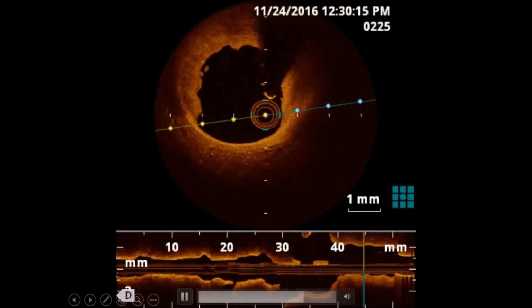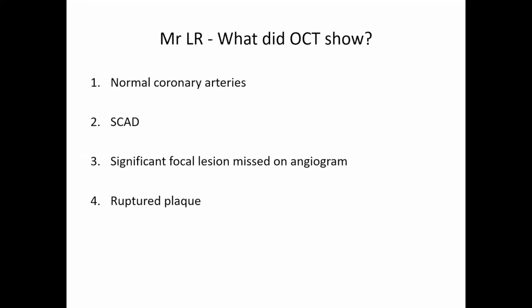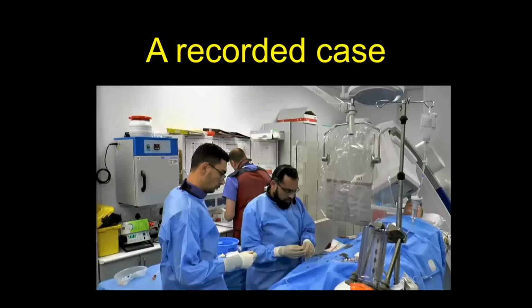Bit unusual. I think it gives us the diagnostic information about what happened to this gentleman, and then you have to make the decision of how you want to treat it. So it showed evidence of eroded or ruptured plaque.